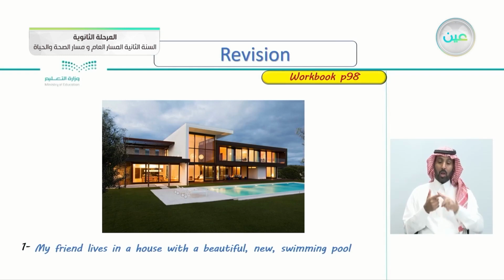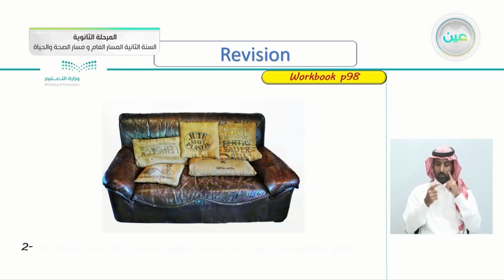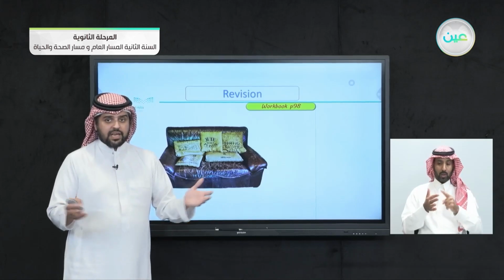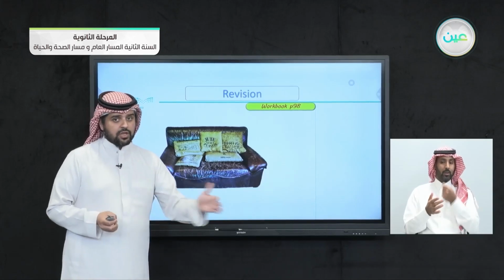So I began with the opinion, then came the age. So this is the first picture here. The second one, you can see this worn couch or sofa here. Can you describe this couch or this sofa using 2 or 3 adjectives? And remember the correct order.